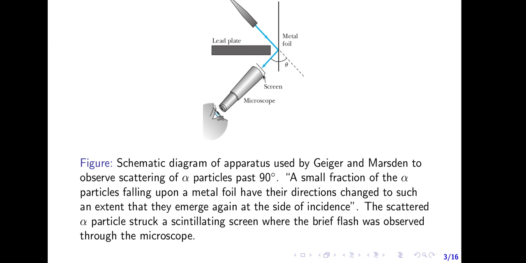What was observed was that although most of the alpha particles pass through, some of them were deflected at great angles, at angles more than 90 degrees. In fact, some of the alpha particles were sent back in their original direction. A few of them actually were sent back. So it means there is back scattering.